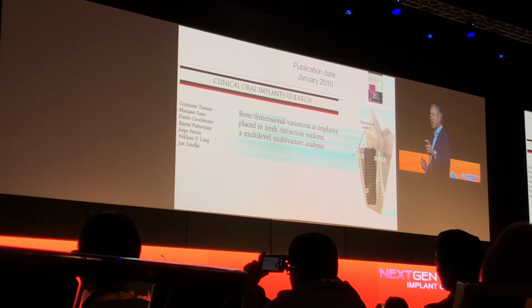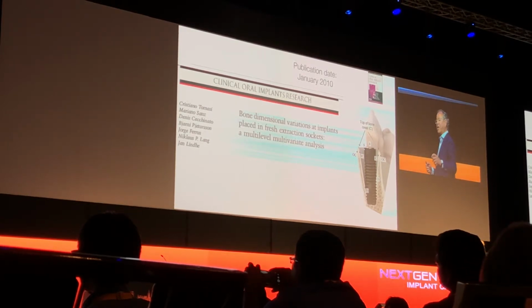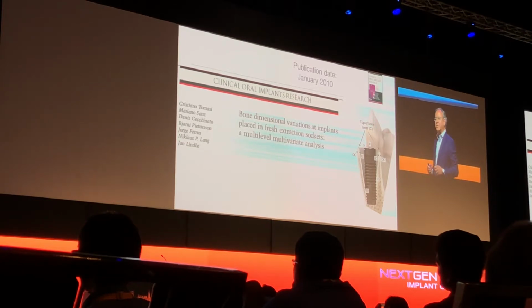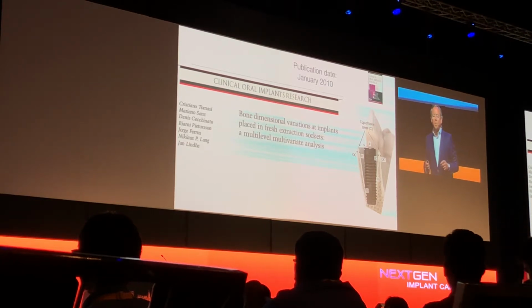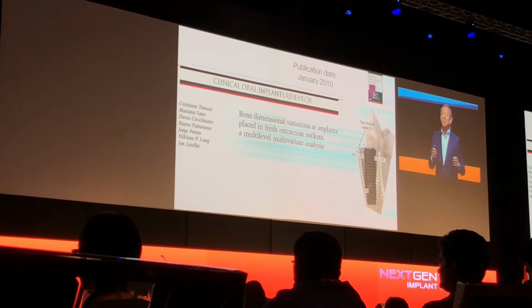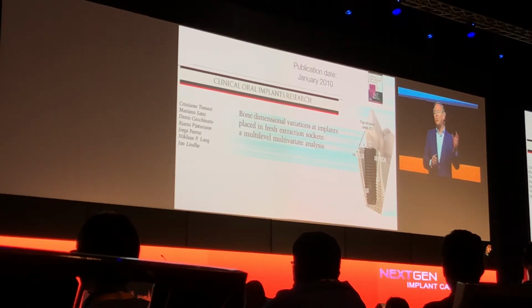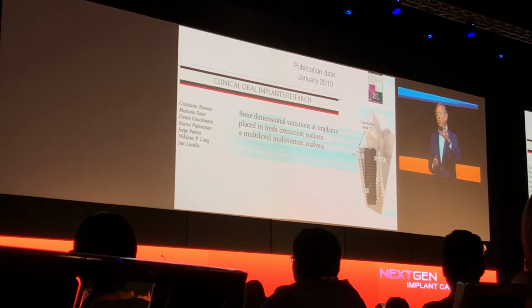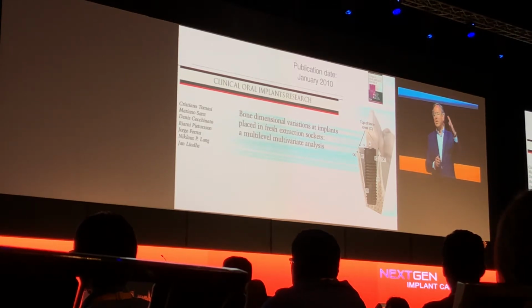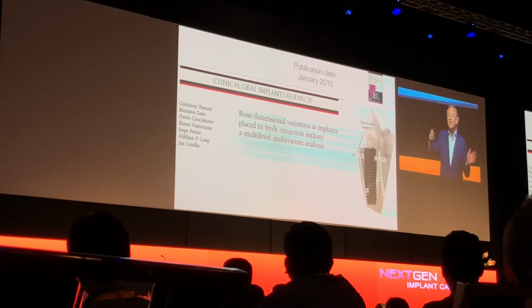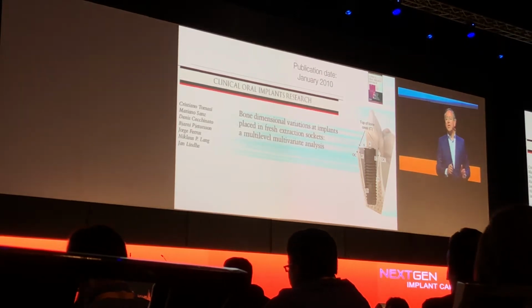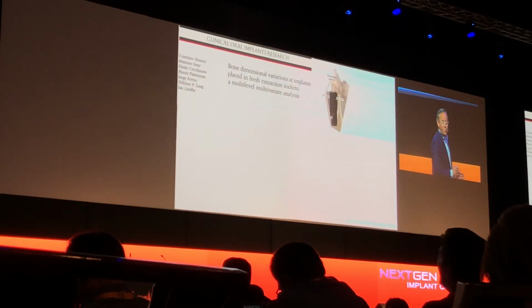And the way we did it is, since we have a clinical trial of more than 100 patients, we were able to do multivariate, multi-level analysis that allowed us to understand exactly which were the critical factors involved in the horizontal dimensional change, in the vertical dimensional change, and what happened inside the socket, that is what we call the gap.